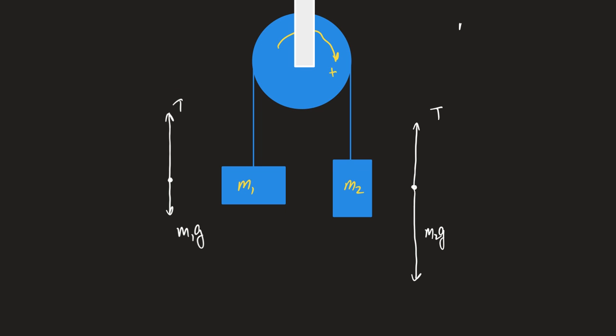Either way, it's going to be M2G minus tension equals M2A on the right, and T minus M1G is going to equal M1A on the left. Again, if you don't show consistency for the direction of motion, your signs will be wrong and you'll have trouble.